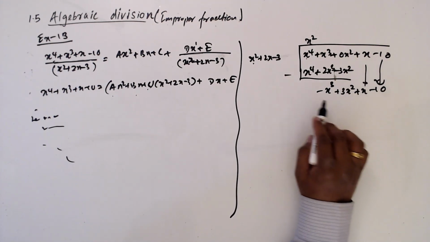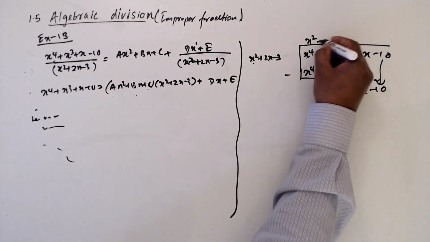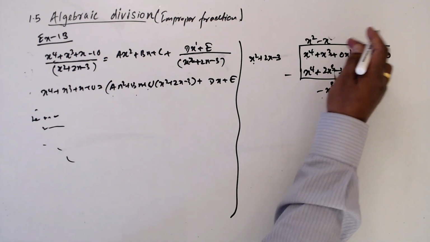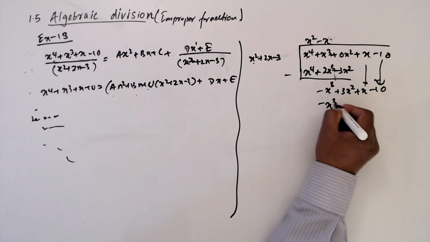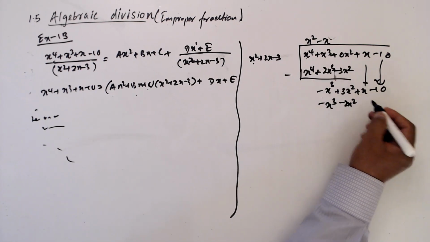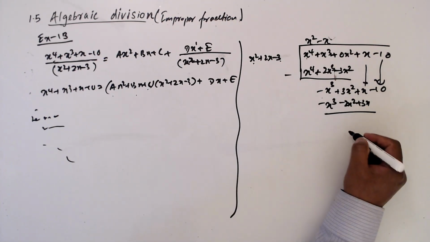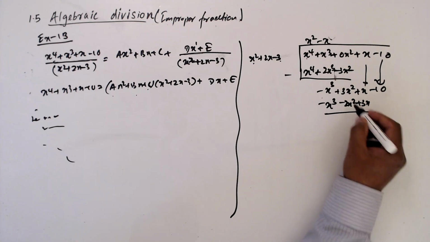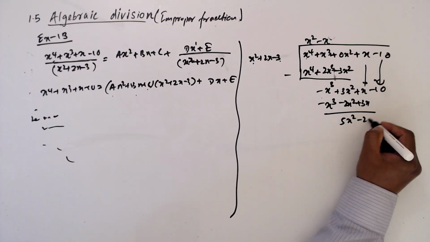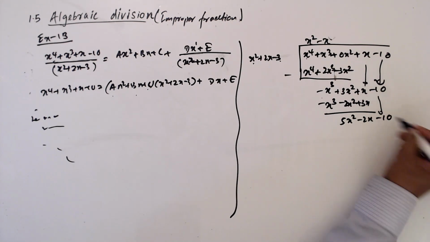Now I want to find minus x cube, so minus x, sorry. It will make minus x cube minus 2x square, this is going to be plus 3x. Then I minus those two together. This cancels out. This is going to be 5x square, minus 2x, and minus 10 comes down here.